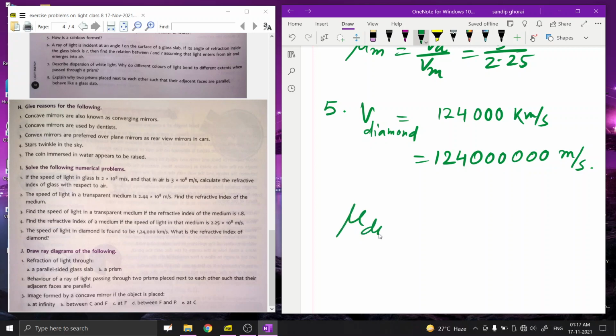So mu diamond is equal to Va divided by V diamond.